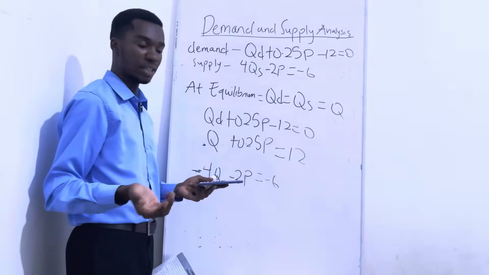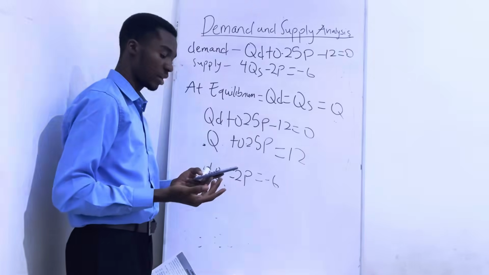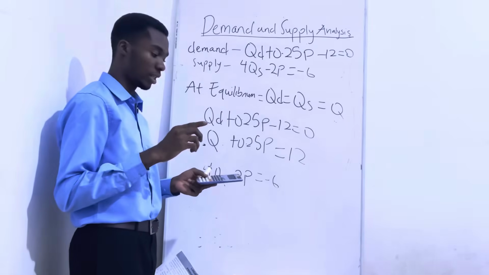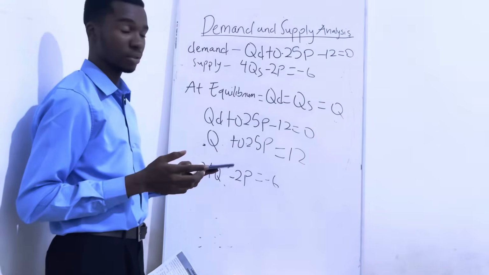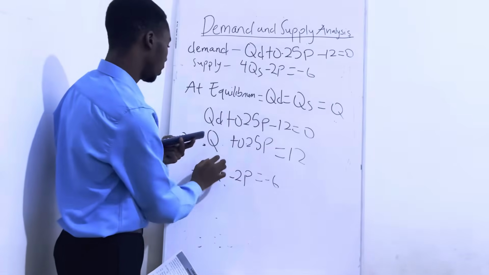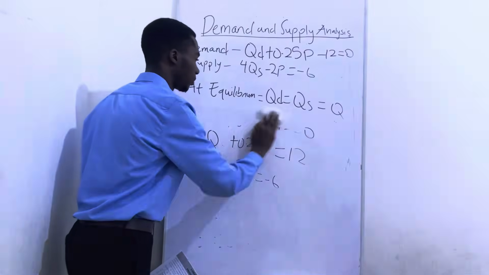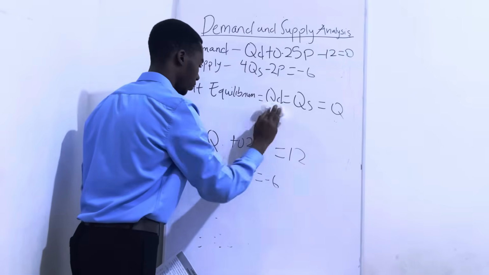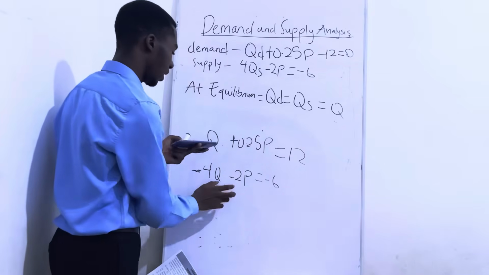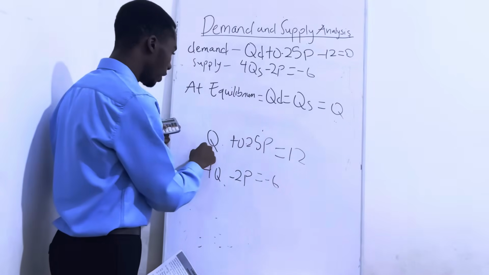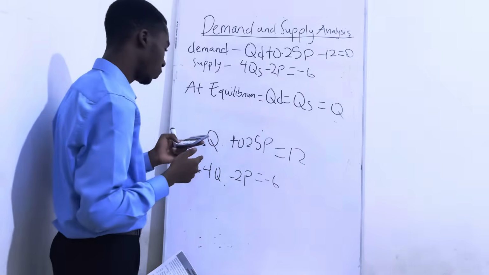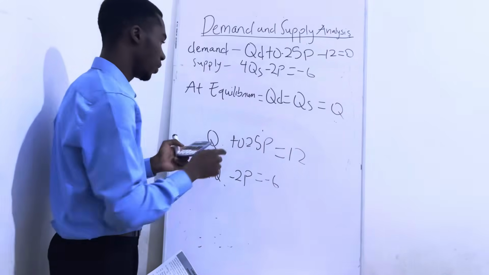So when we solve this and this simultaneously, you can just do it on the calculator. When you go on the calculator, you just press mode, then press 5, which is equation EQN, then press 1. So we are solving this and this simultaneously. The coefficient of Q is 1, so you press 1. Then you press is equal to.